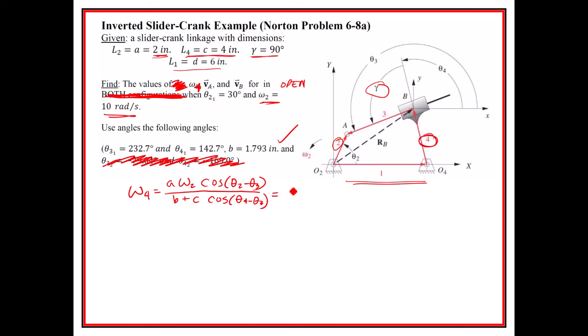And that's going to be equal to 2 times 10, that was the input, times the cosine of 30 minus 232.7, divided by 1.793 plus 4 times the cosine of 142.7 minus 232.7.